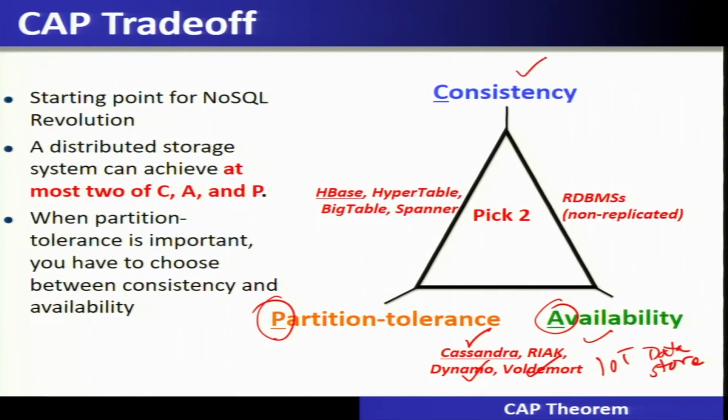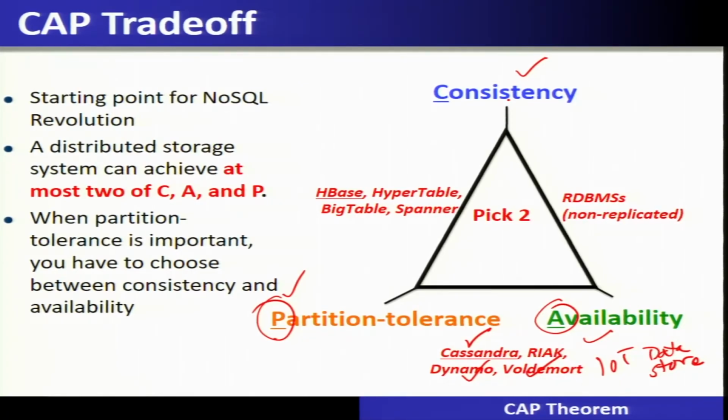Now, regarding consistency, if consistency is important, as in a banking application, and partition tolerance is a must, then it has to compromise on availability. Therefore, you might have seen in an online banking application that the server is not available, but whenever it is available, it has to ensure consistency and partition tolerance.